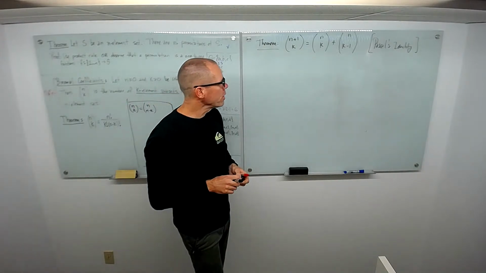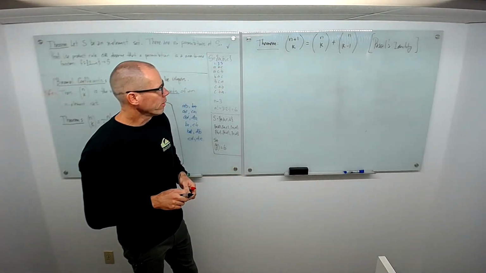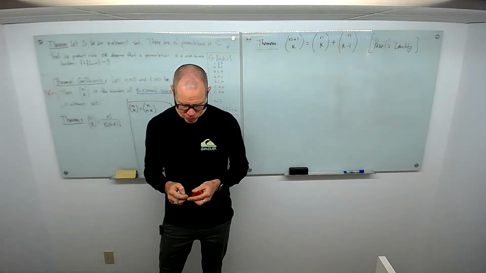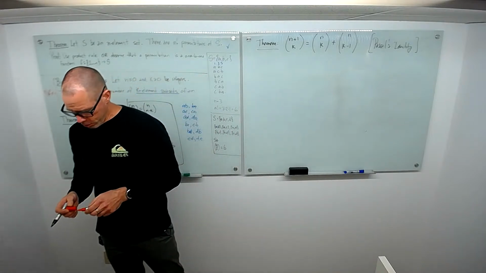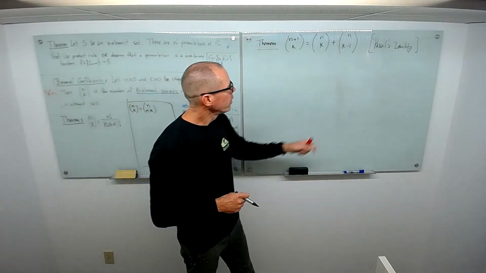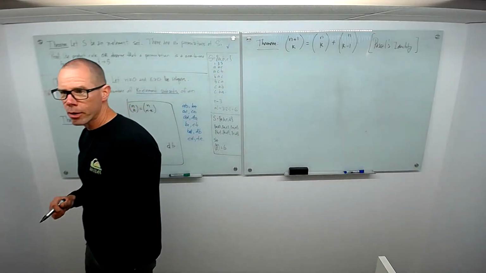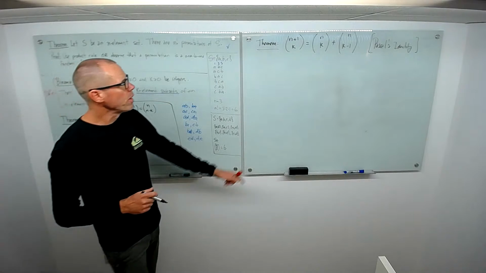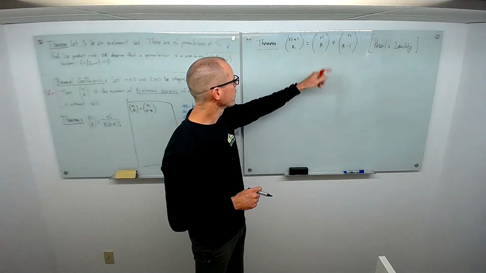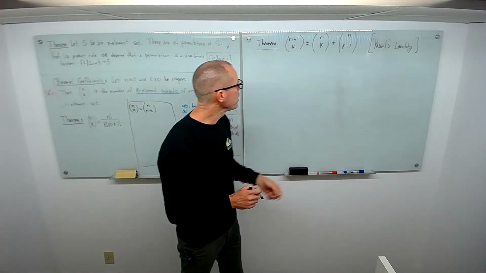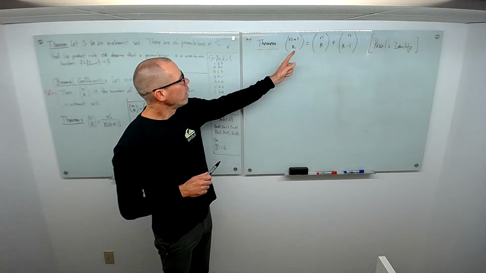And if you've ever seen that picture of Pascal's triangle, you maybe have an idea where this name comes from. Pascal's identity, Pascal's triangle, they're based on the same thing. They're based on this formula here. So what's the interpretation of this formula?